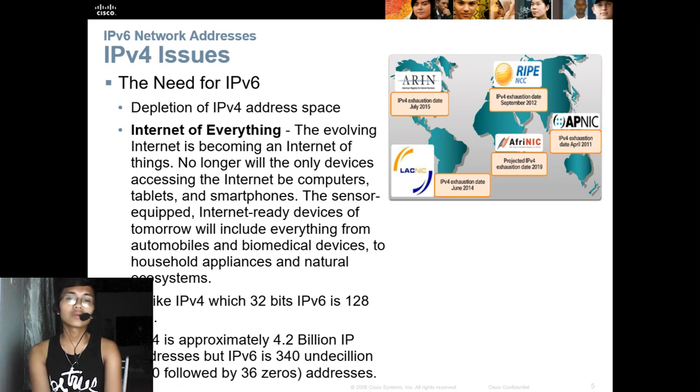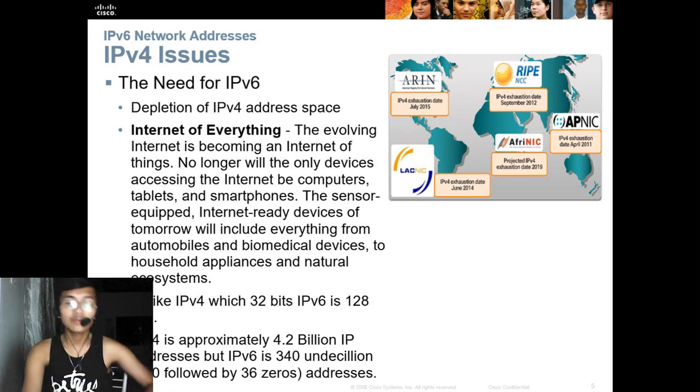Unlike IPv4, which is 32 bits, IPv6 is 128 bits. IPv4 offers approximately 4.2 billion IP addresses, but IPv6 offers 340 undecillion, 340 followed by 36 zeros, addresses.